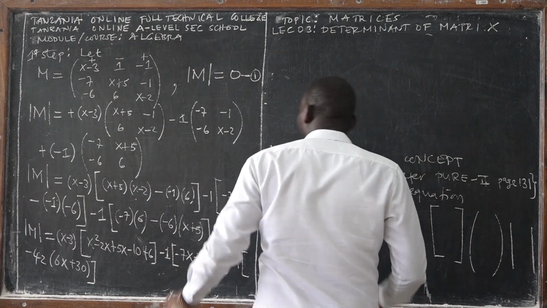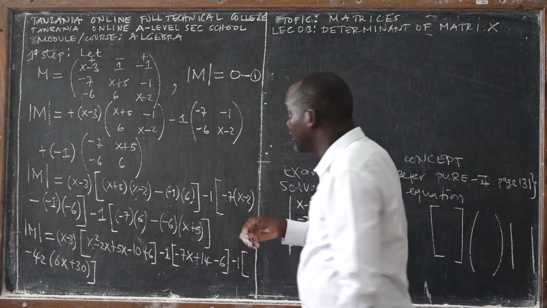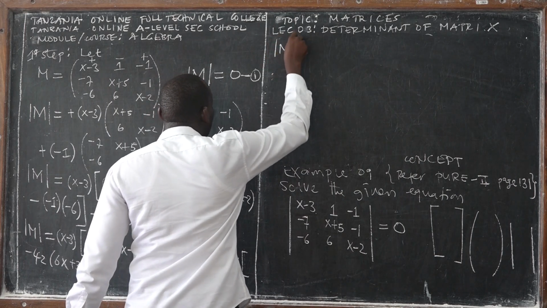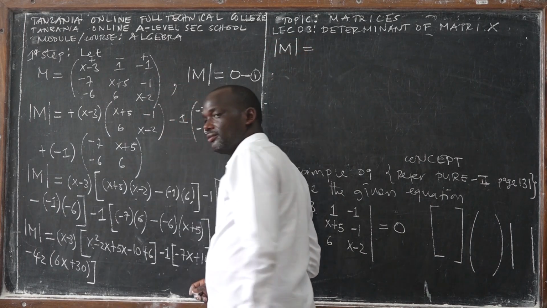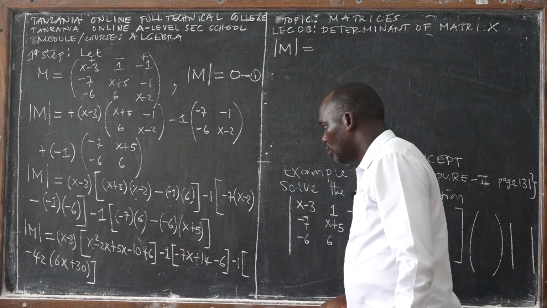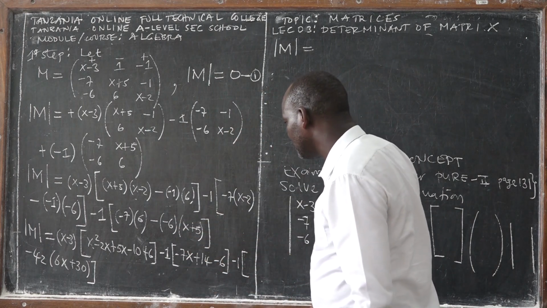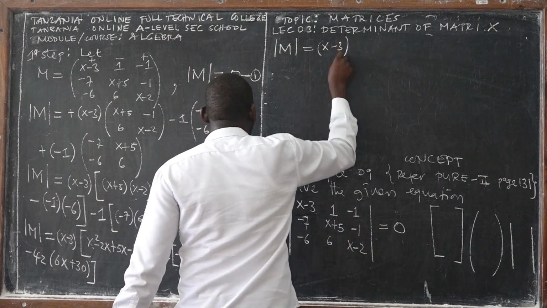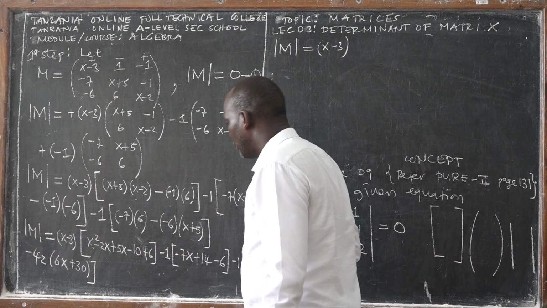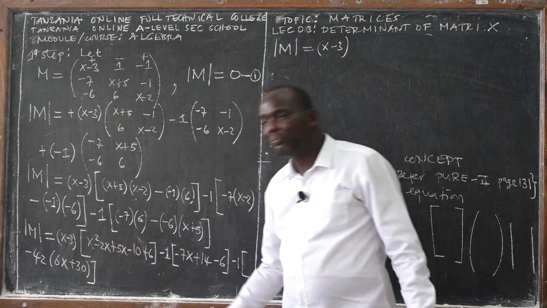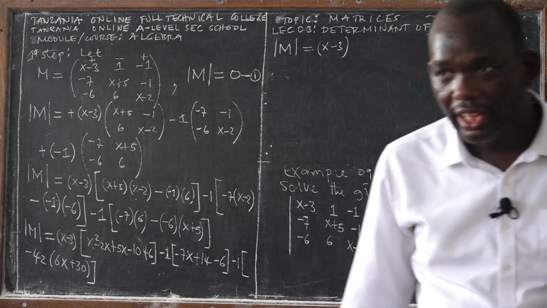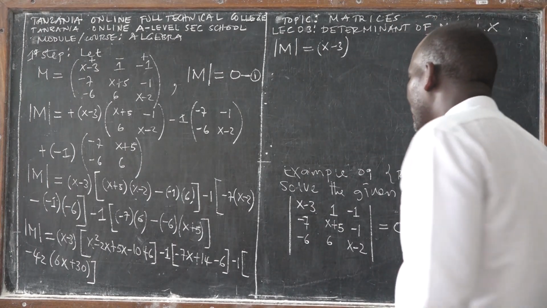So the business is very interesting. So let us move on. The determinant of matrix M is equal to, let us keep on simplifying. What do you have? We have x minus 3. Then negative 2x plus 5x, positive 3x.